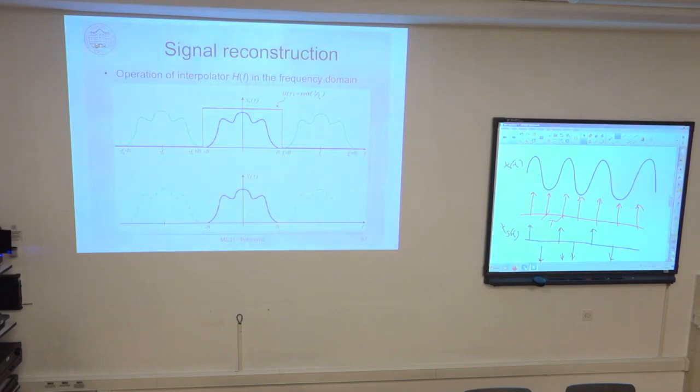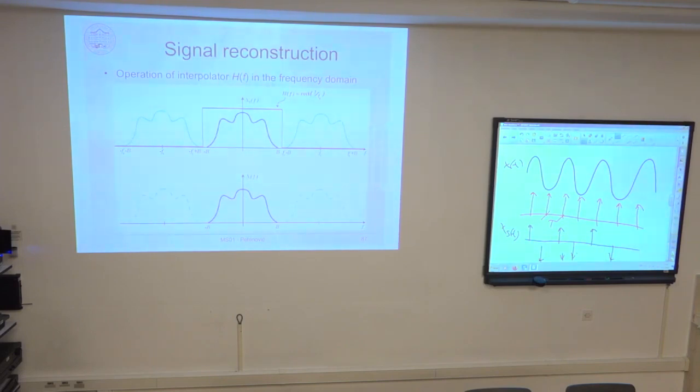So it becomes periodic. And now, if I want to get back to x of t, the only thing I have to do is get rid of all of these replicas. I have to filter out all of the neighboring replicas, infinitely many of them, and only keep the central replica of the spectrum from minus fs half to fs half.